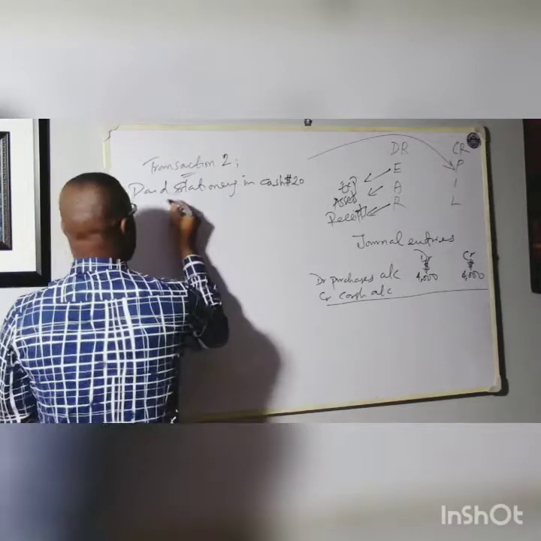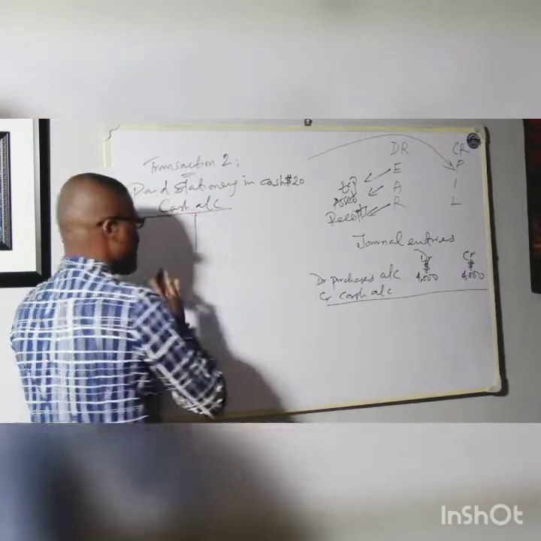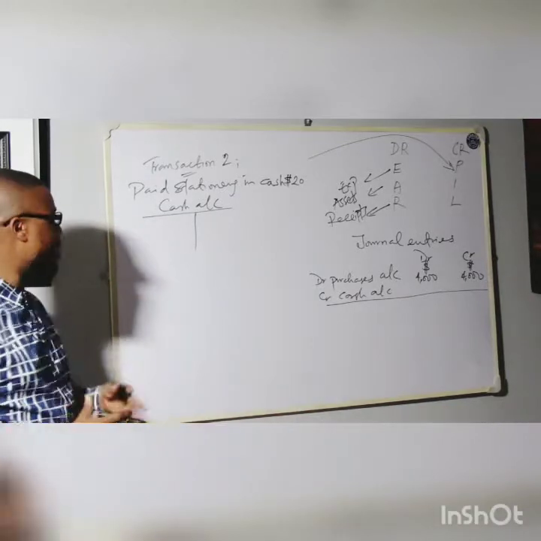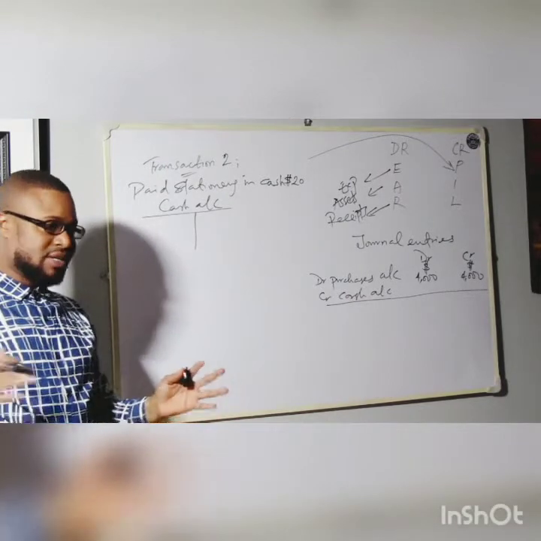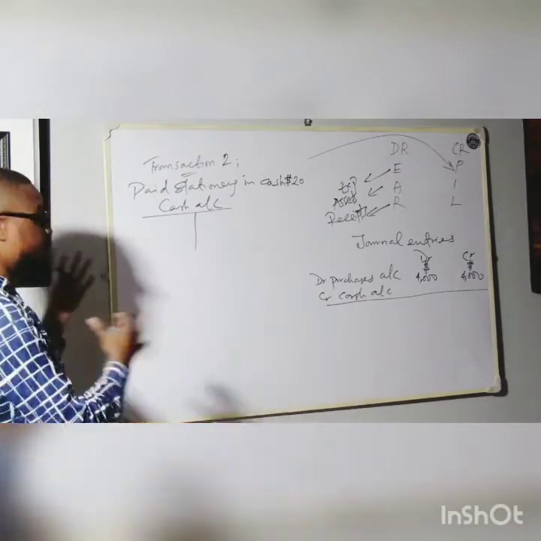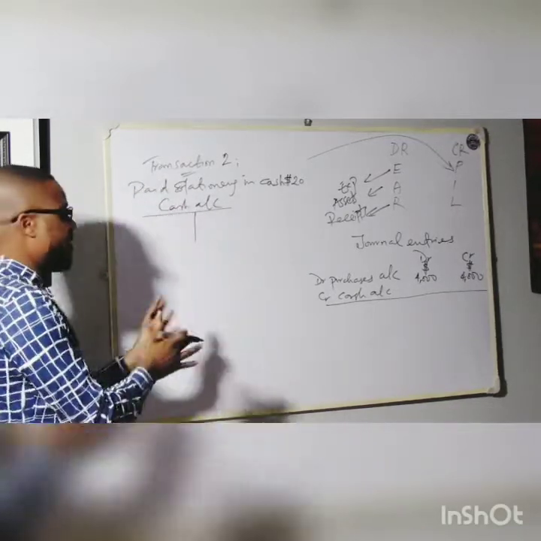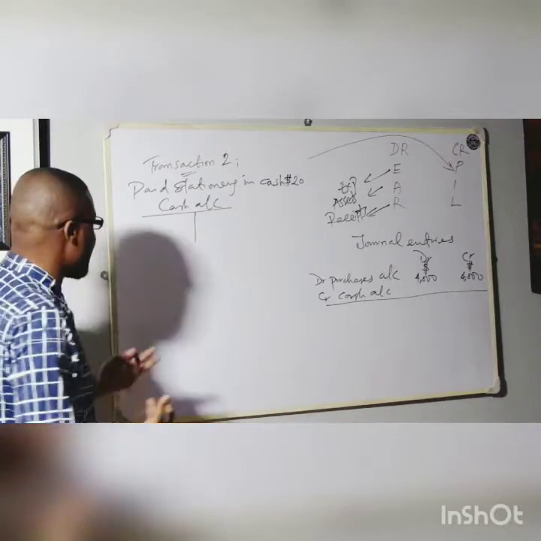So you open your cash account, once more. But for the purpose of practice or in the exam, you don't have to open your cash account multiple times. You just have to open one large single cash account that can take all your entries or all your postings at the same time. But for the purpose of simplicity, I'm going to assume that every time I open a new cash account for clarity.